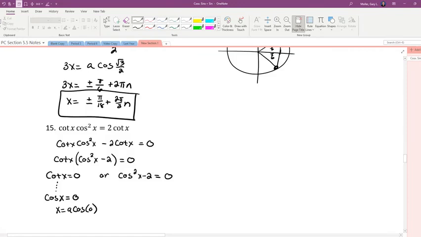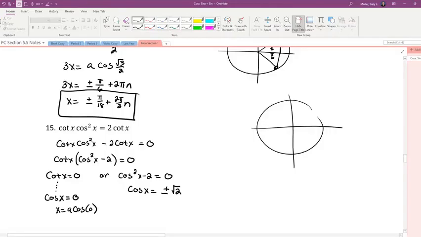Over here, I'm going to add 2 and then take the square root. So I get cosine of x equals positive or negative the square root of 2. Now I go to my circle and think about when cosine is 0. Cosine is 0 when the x is 0, so cotangent is 0 when cosine is 0. So it looks like we've got pi over 2, and we've got negative pi over 2 or 3 pi over 2.